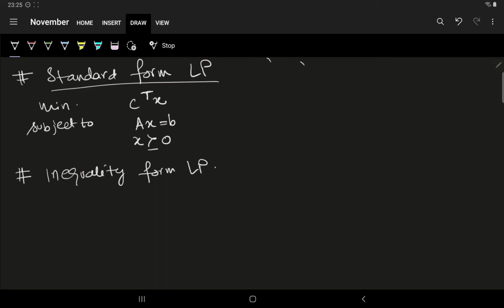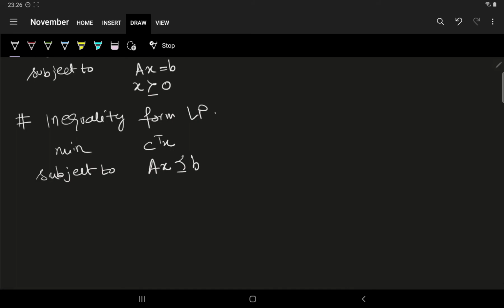This does not have any equality constraints, so we minimize c transpose x subject to Ax lesser than or equal to b.